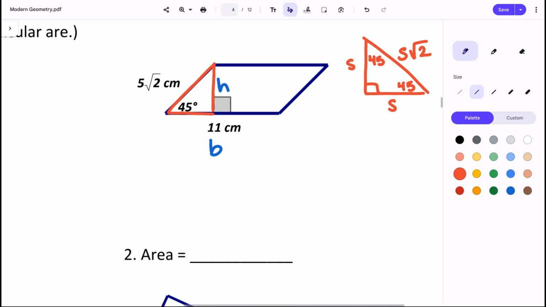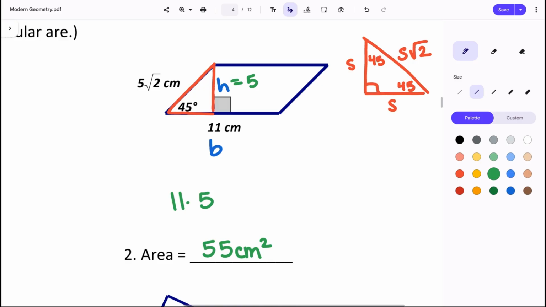So that would match up with this side. So what does that make just these two legs? 5. Because you just dropped the square root of 2 for this one. So this height is equal to 5. Now, can you find the area? What do we get? Good, 55 centimeters squared. Very good.